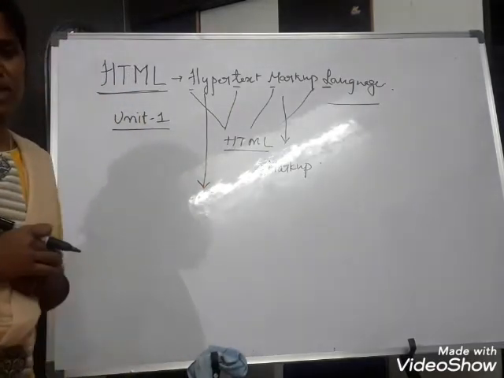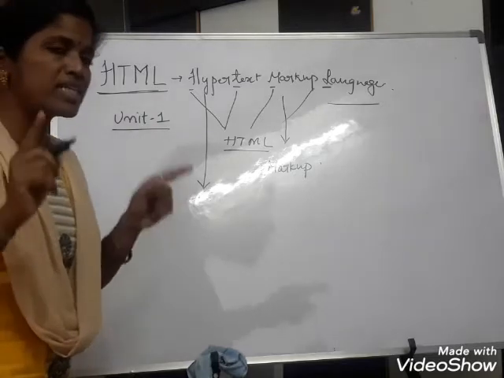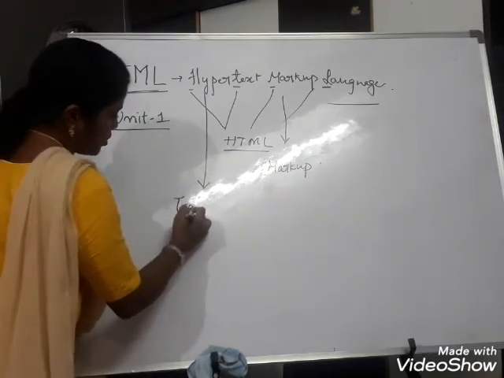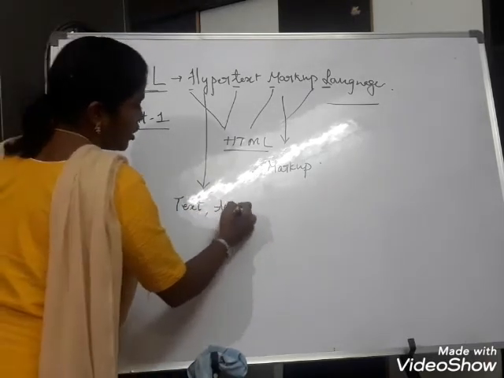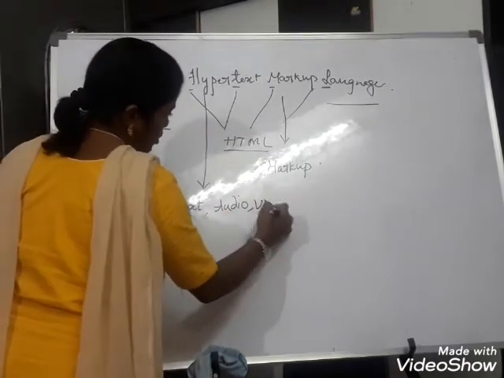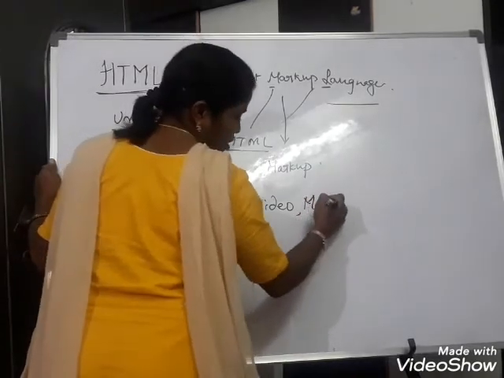Whereas hypertext, what are all the things we see in a web page? We see text normally, whatever we write. Can we see audio? Definitely yes. We can have videos. We can have multimedia animations.